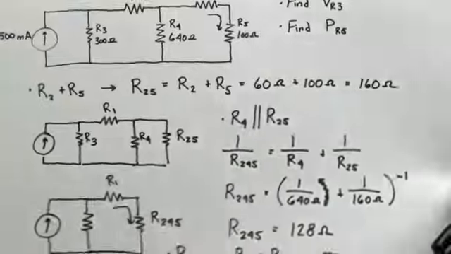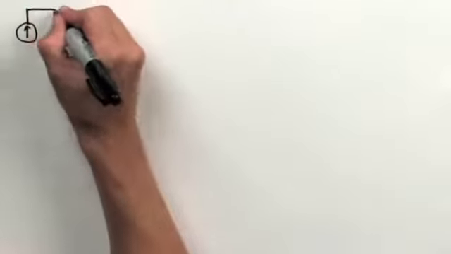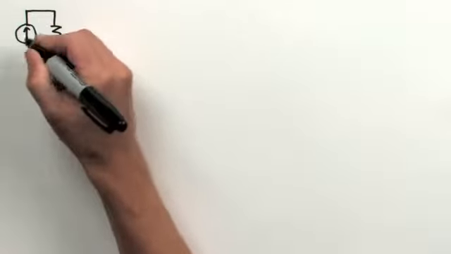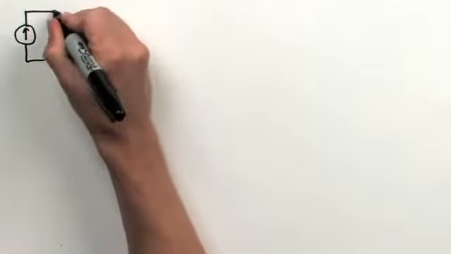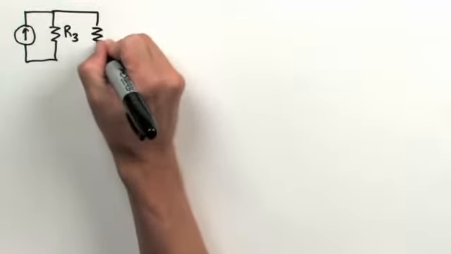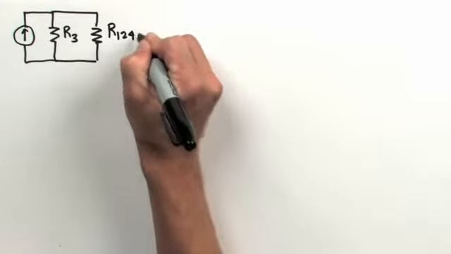Moving on from there, what we have now done is created a circuit that looks like this. R3 in parallel with R1, 2, 4, and 5.